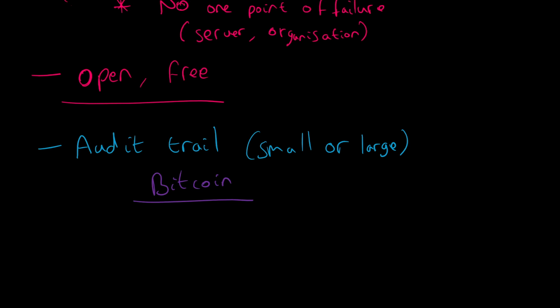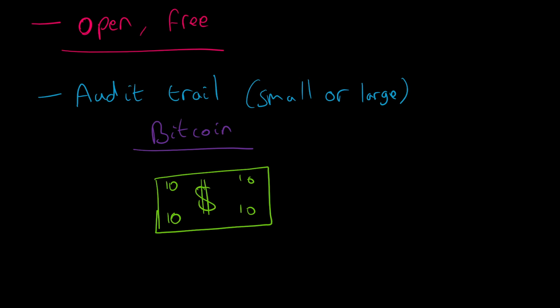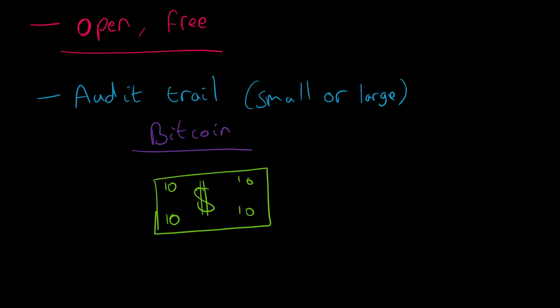And on top of that, with conventional currency, imagine you have this $10 note, £10, it doesn't really matter. Maybe just imagine you have this $10 note and I give it to Bob, Bob gives it to John, John gives it to Steve, and maybe Steve keeps hold of it.